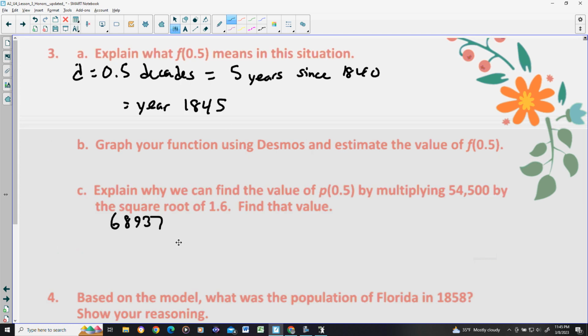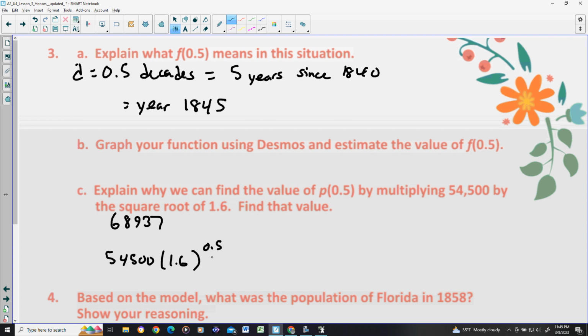Okay, so 68,937, but let's look at that. Let's look at the expression I used to calculate that. I did 54,500 times 1.6 to the 0.5 because I did half a decade, right? But what does 0.5 represent?